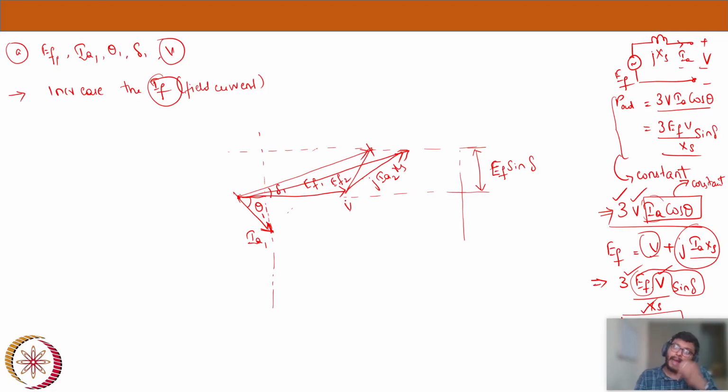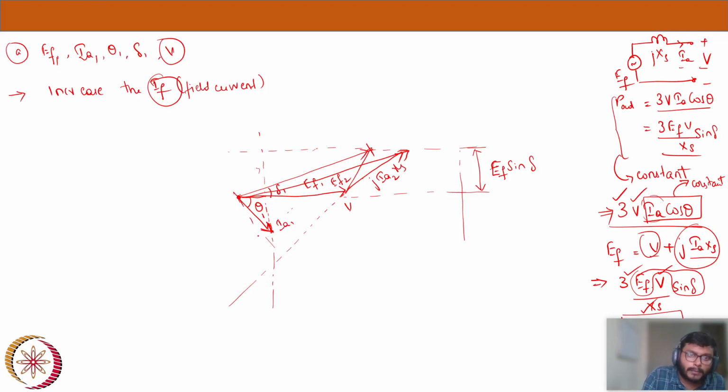Now to find back the IA2 from this point, I am trying to find where it is. Is IA2 here or is it here? I have to know. But I know the tip should remain on this line. Now how to find this IA2? This is the IA2XS axis, and IA2XS is always a perpendicular projection. This is IA1.